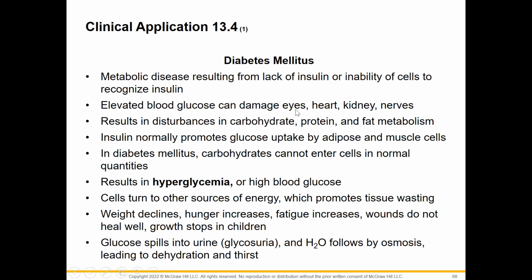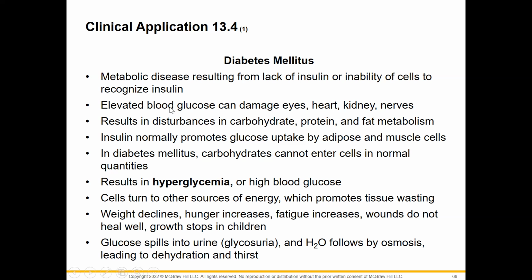So, this is why people with diabetes will have increased blindness, increased heart problems. They often have to go on dialysis because of the kidney damage. They may also have decreased sensation or altered sensation in their nerves, especially like the feet.